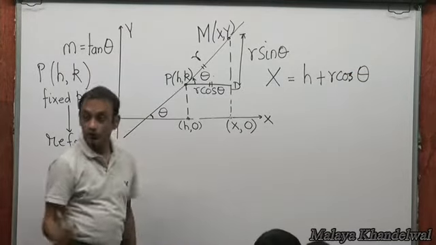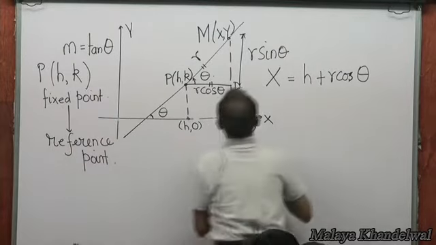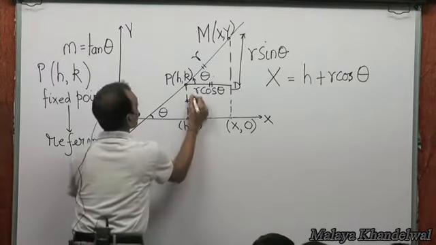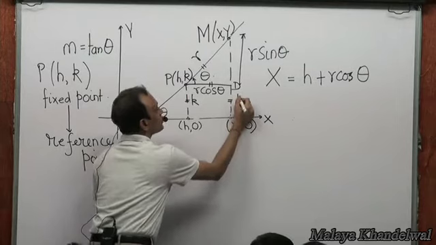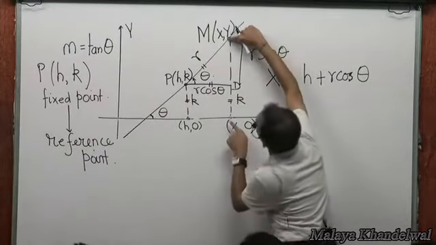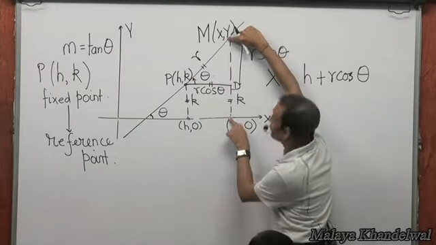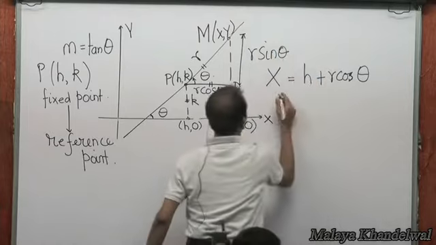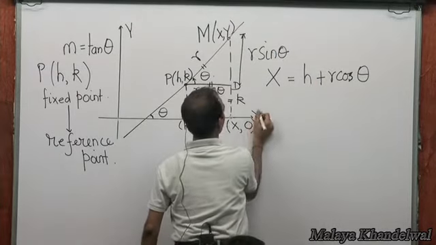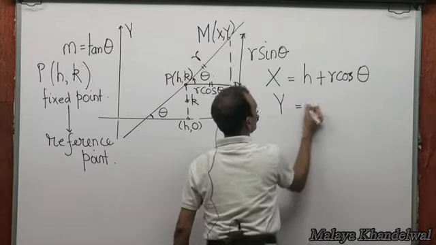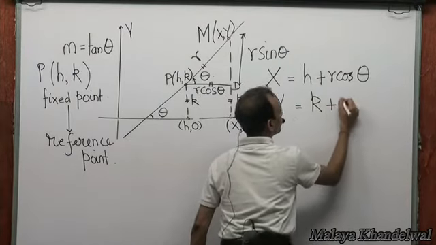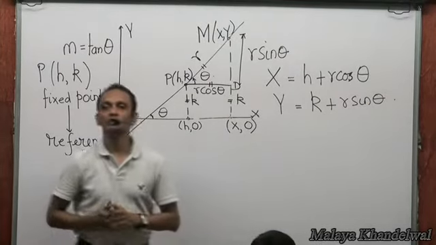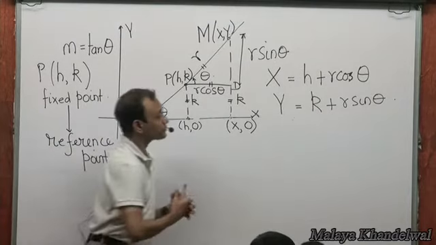Clear? Now, this length is k, so this length will also be k. Now this is the y coordinate of M. And that's going to be k + r sin theta. Yes or no? Yes, sir.